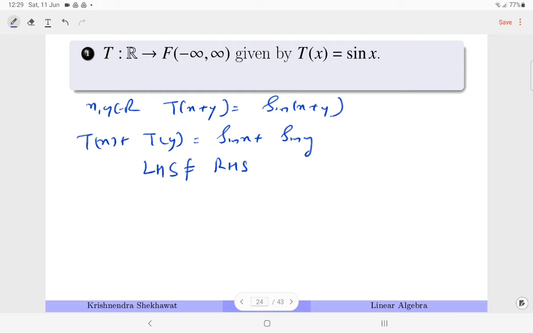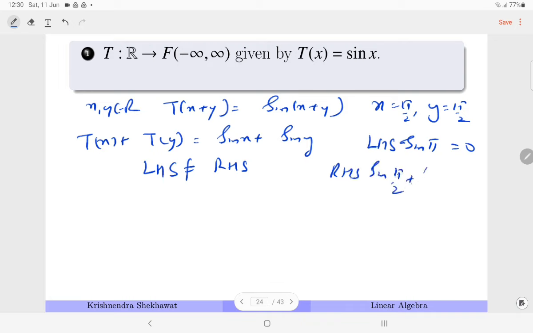So you just need to identify those values of x and y for which it is not equal. For example, for x equal to pi by 2 and y equal to pi by 2, my left hand side is sine pi, which is 0, and right hand side is sine pi by 2 plus sine pi by 2, which is 2. So therefore it is not a linear transformation.